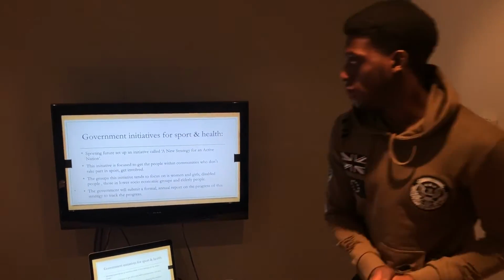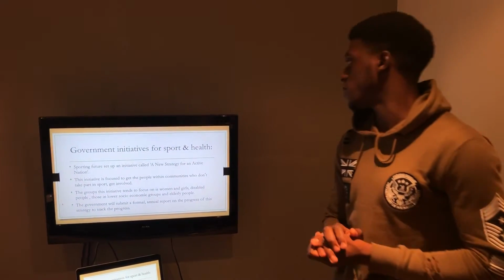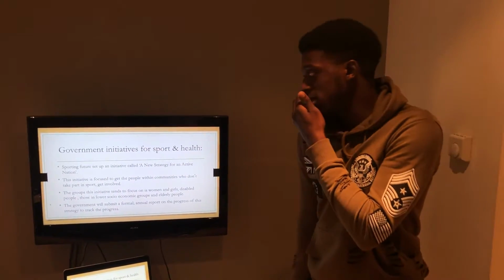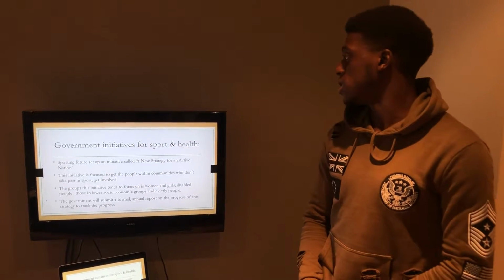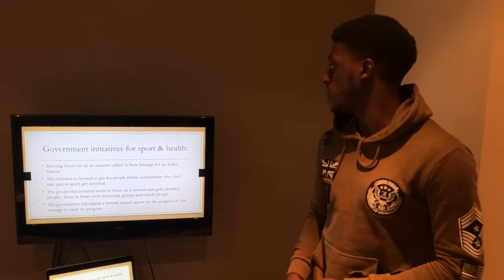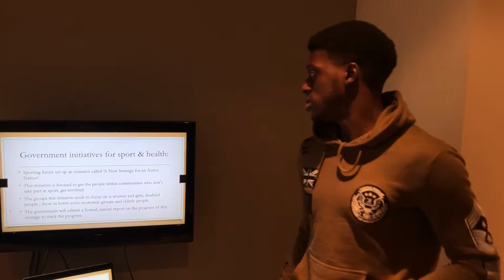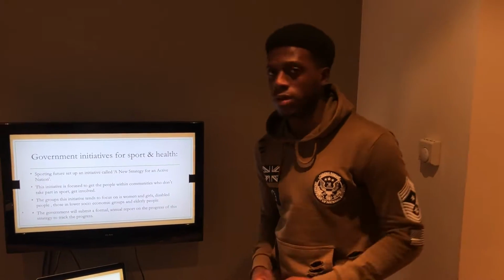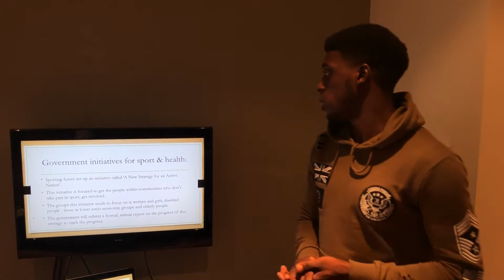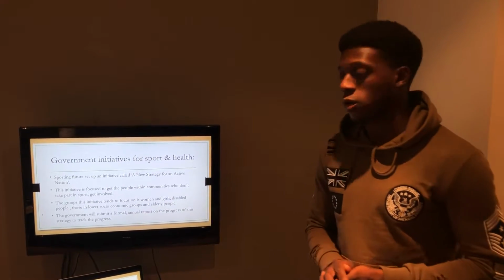So now we're going to move on to the government's initiatives for sport and health. Firstly, Sport in Future set up an initiative called a New Strategy for an Active Nation. This initiative is focused on getting people within the communities and schools who don't take part in sport to get involved.